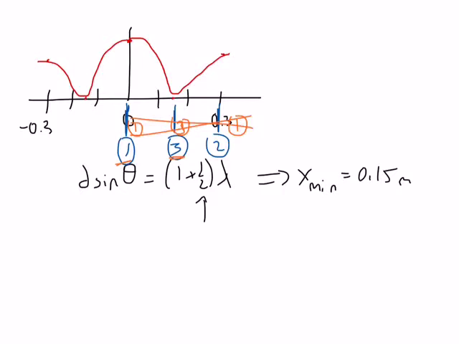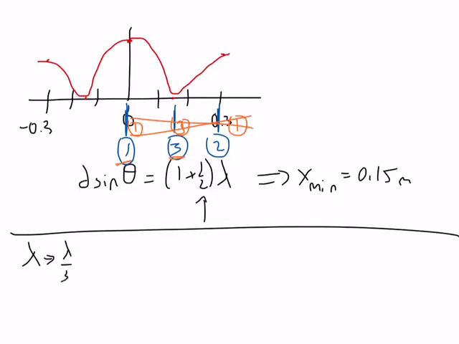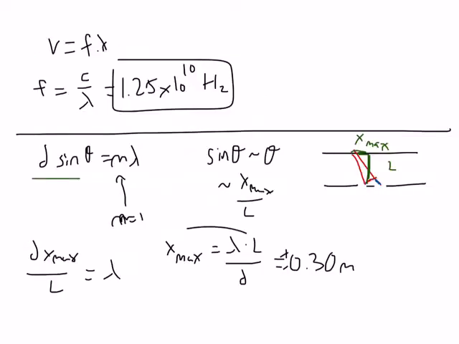Okay. So now we have some modifications to this setup. In part D, we decrease the wavelength by a factor of 3. So lambda goes to lambda over 3. So what happens to x max? We have this calculation. Our first maximum is given by that formula.